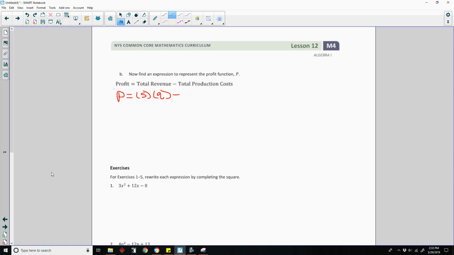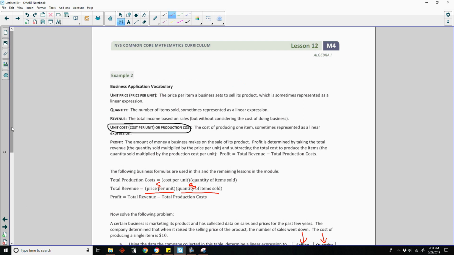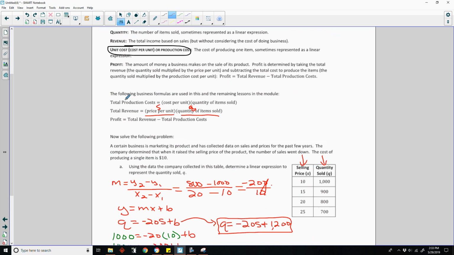Minus, and then total production costs. And total production costs is right here, cost per unit times the quantity of items sold. But it says right here in this last sentence, the cost of producing a single item is $10. So the production cost is $10 times the quantity sold.